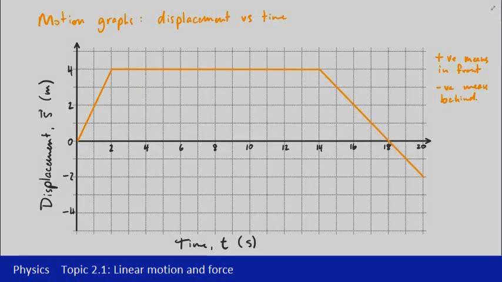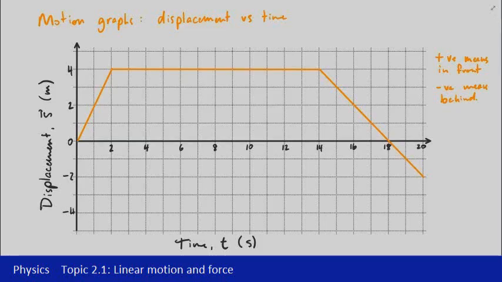Now you'll notice here we've got a distance of 4 meters covered going away. We've then got a total distance of 6 meters covered coming backwards, so the total distance covered by the dog is still 10 meters. So this graph for displacement matches up with the distance versus time graph that we saw before.